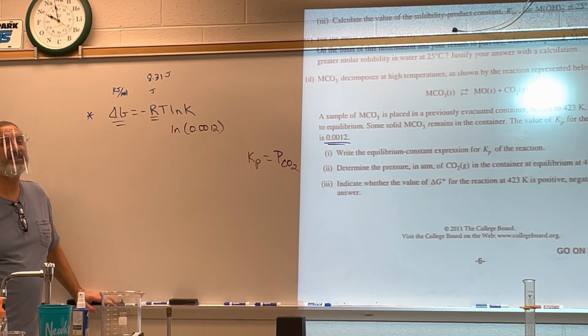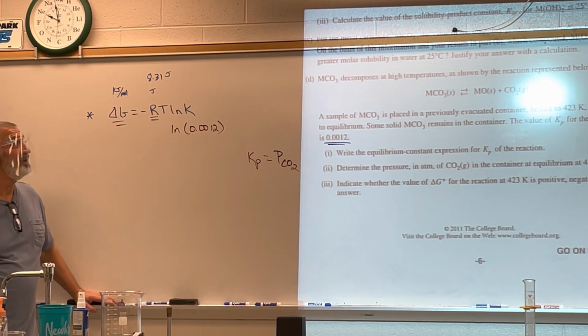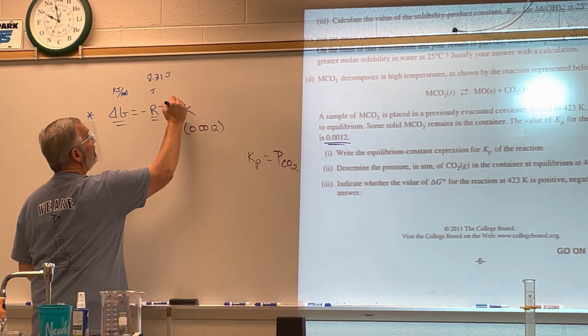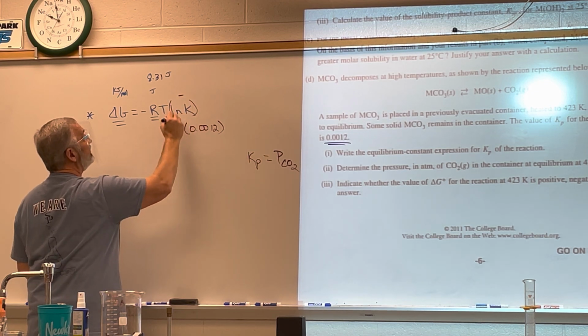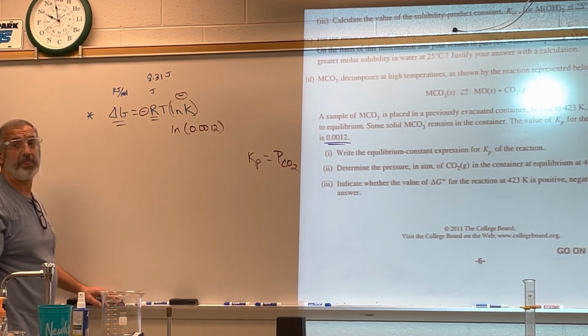Okay, remember if it's a decimal, the natural log is always going to be negative. Log or natural log is going to be negative. If it's greater than 1, it's going to be positive. So I know that this term right here is negative, and since I have a negative and a negative, what's delta G going to be?